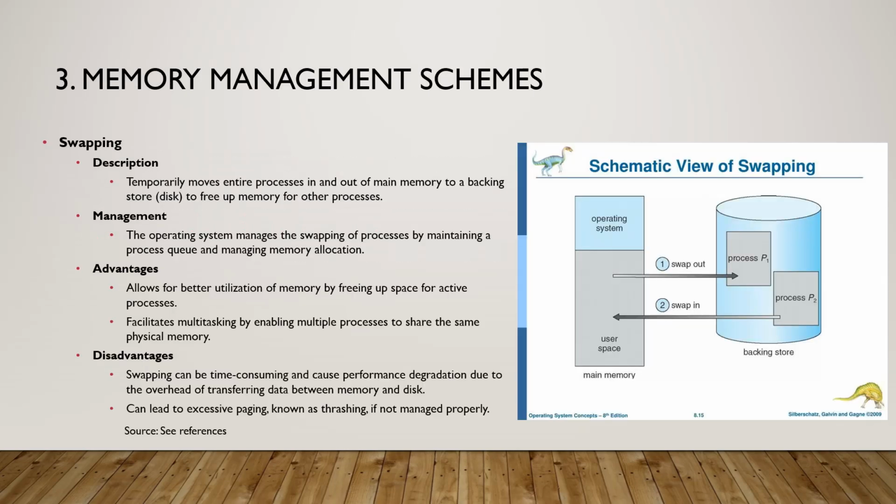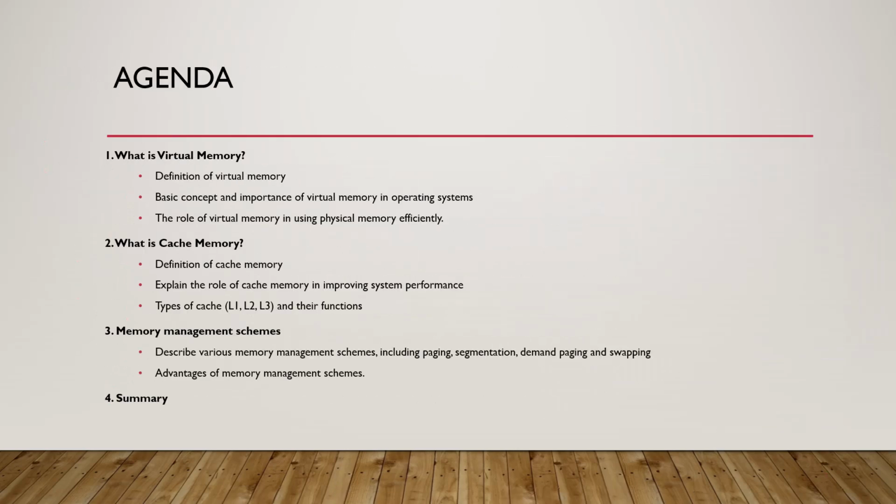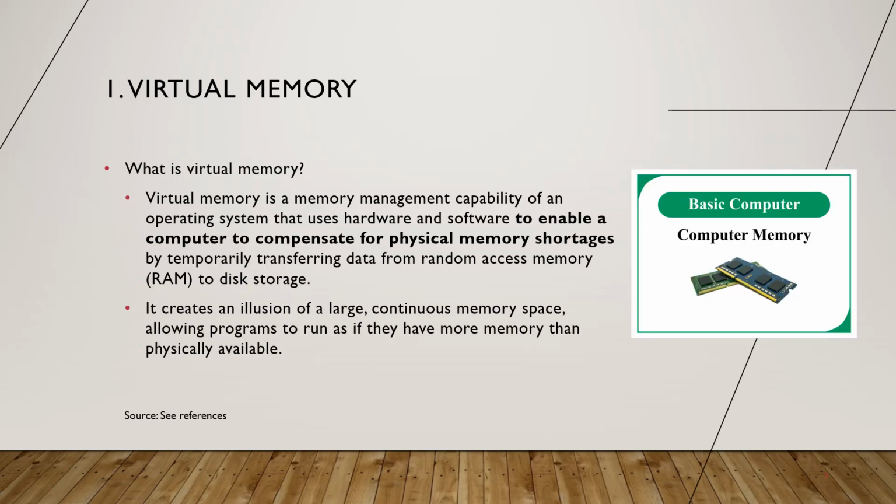Here we have the references. Basically, today we tried to cover the virtual memory, cache memory, and memory management schemes. Under each of these 3 parts, we tried to give definition, the importance of these types of memories, and also advantages and disadvantages.